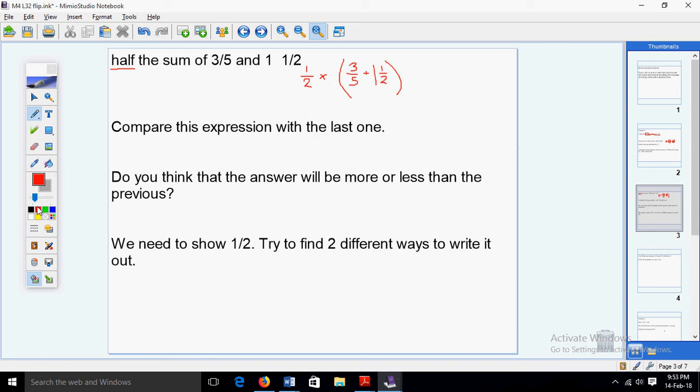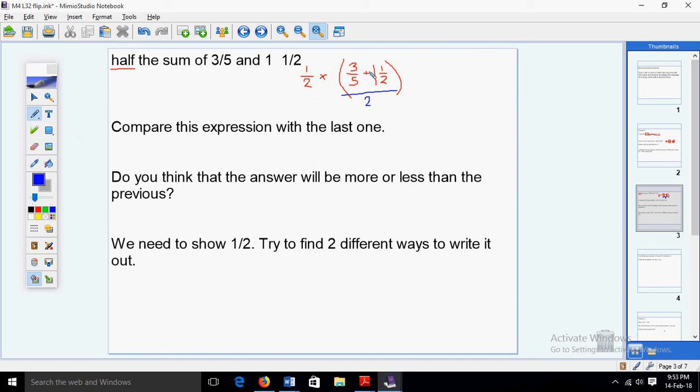let's pretend, I'm going to show this in blue. Okay, I can have my 3/5 plus 1 1/2 over 2, right? Isn't that dividing it by 2? Dividing by 2 would be half, right? All right, so that's the second way. So we're ignoring this part, okay?